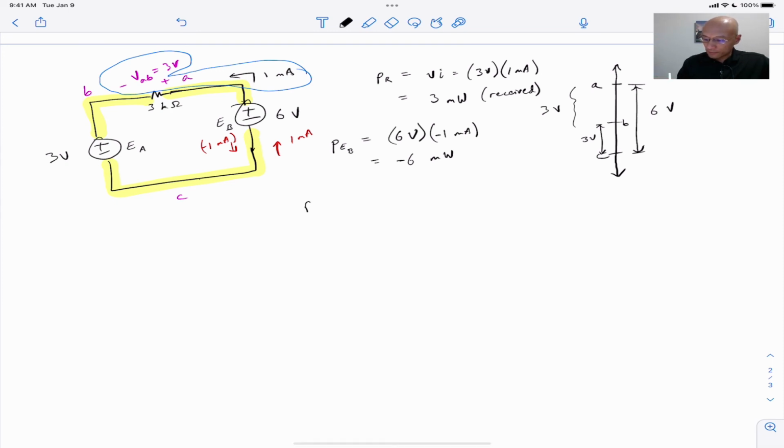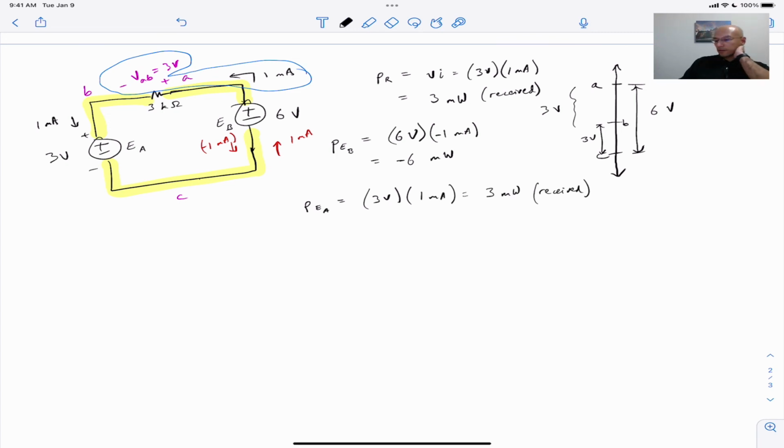Battery A now, we know that there's 1 milliamp flowing this way. That current and the voltage, in fact, are consistent with the passive reference convention. So we'd put here it's 3 volts and 1 milliamp, right? The resistor and battery A are receiving power because the power we calculated is positive.